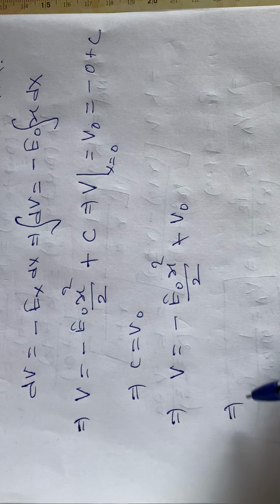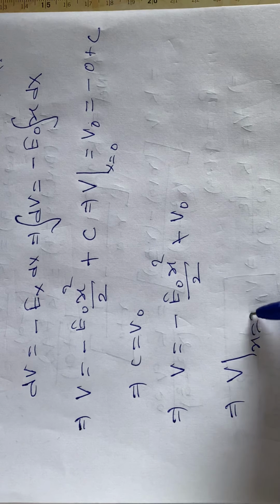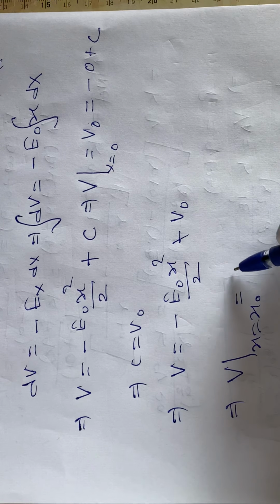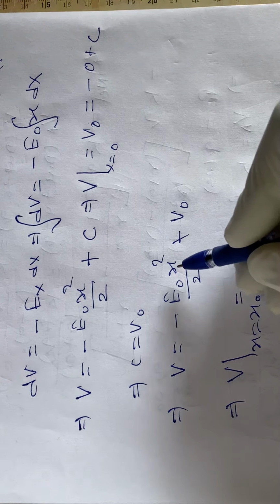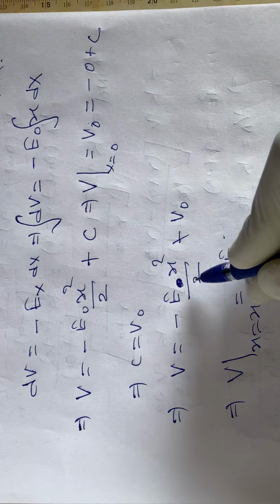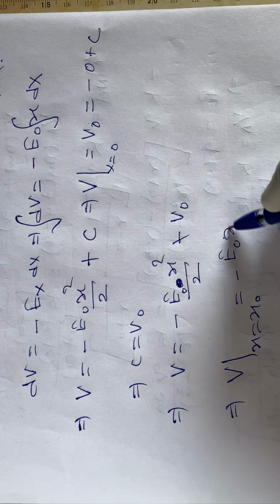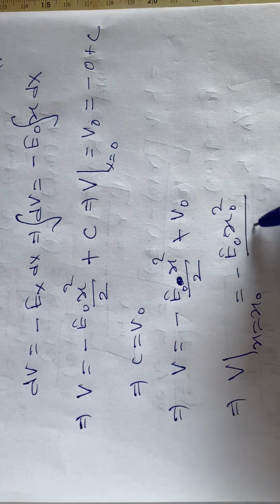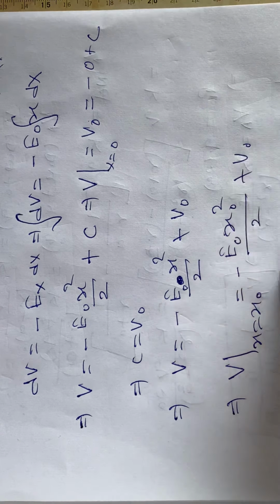So the potential at x equals x naught would be minus of E naught into x naught square by 2 plus V naught.